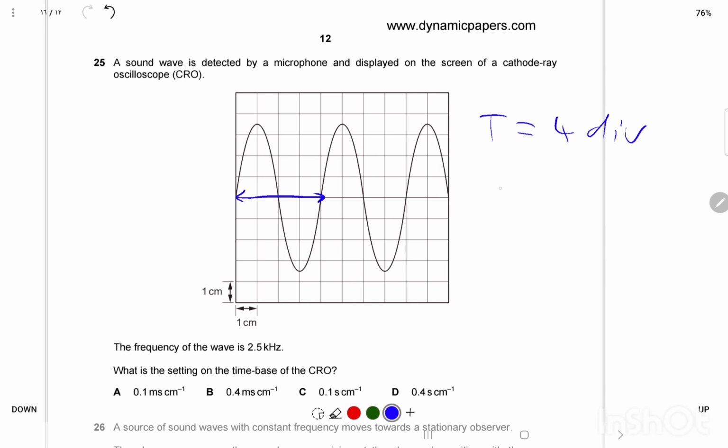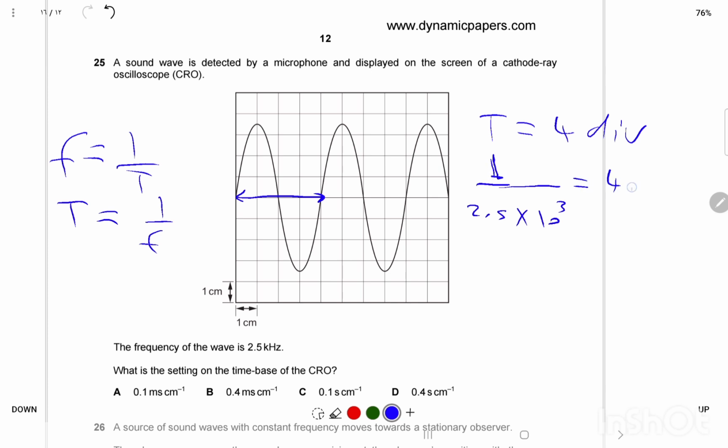Now we know that frequency is equal to 1 over period, and period is equal to 1 over frequency. So I can say here 1 over 2.5 times 10 to the power of 3, that's the period, 1 over frequency, is equal to 4 times 1 division. 1 division, that's the requirement in the question.